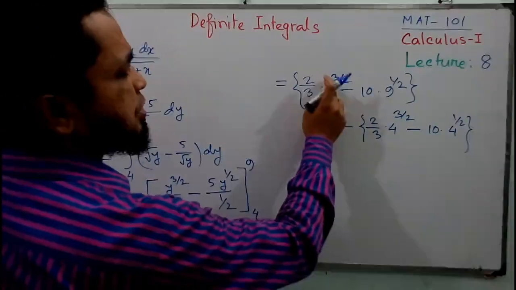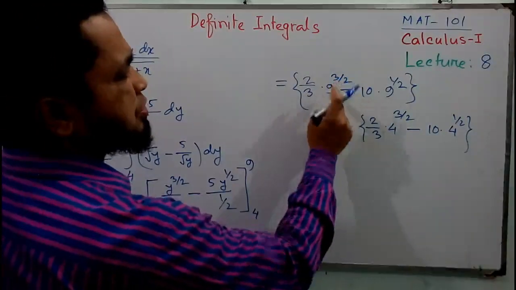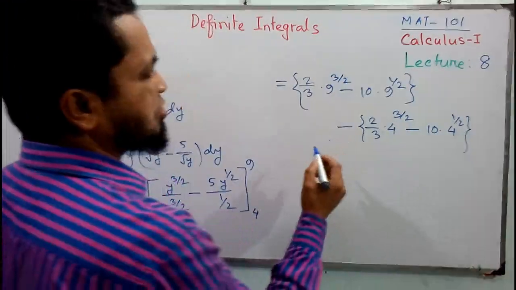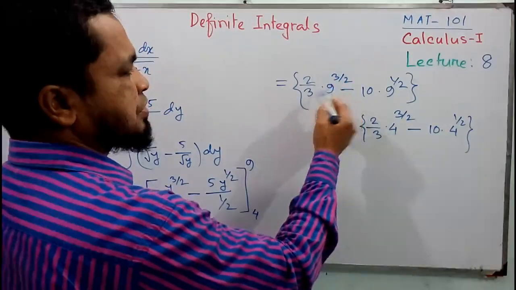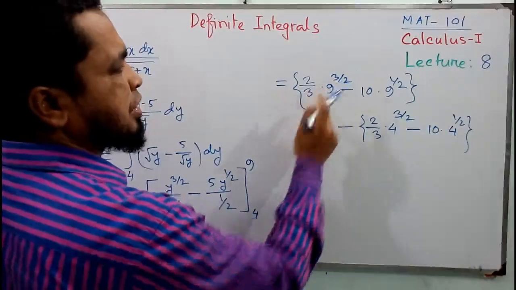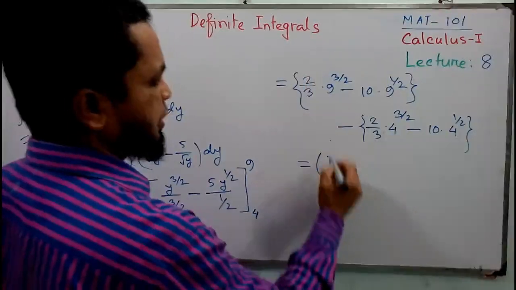So this is the result. 3 square and square root cancel, 3 cube is 27, and 3 cancel 9, so it will be 18.